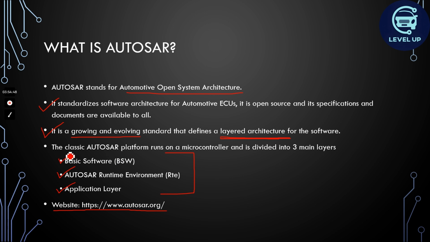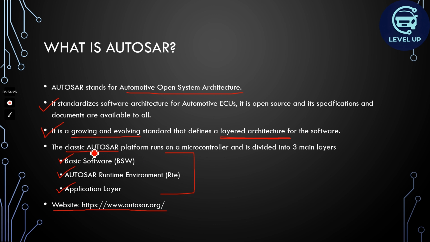Now there is a term, classic AUTOSAR. Classic AUTOSAR means that when AUTOSAR was first introduced, it was simply named AUTOSAR, but nowadays another variant has been developed in the market, that is adaptive AUTOSAR. What is the difference between classic and adaptive AUTOSAR?